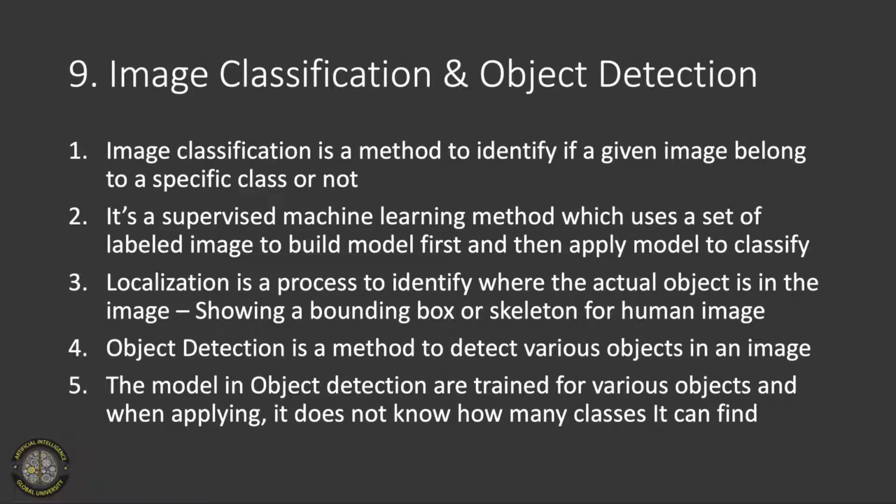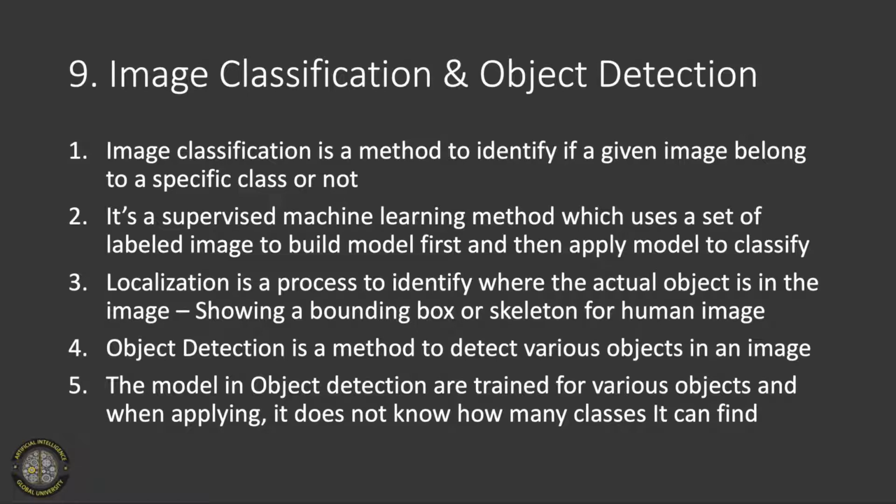So you have a requirement where you want to identify something, and you already have a collection of labeled images. For example, if you want to identify a chair, you put together a big set of labeled images that belong to chair, and then some examples which are not chair.